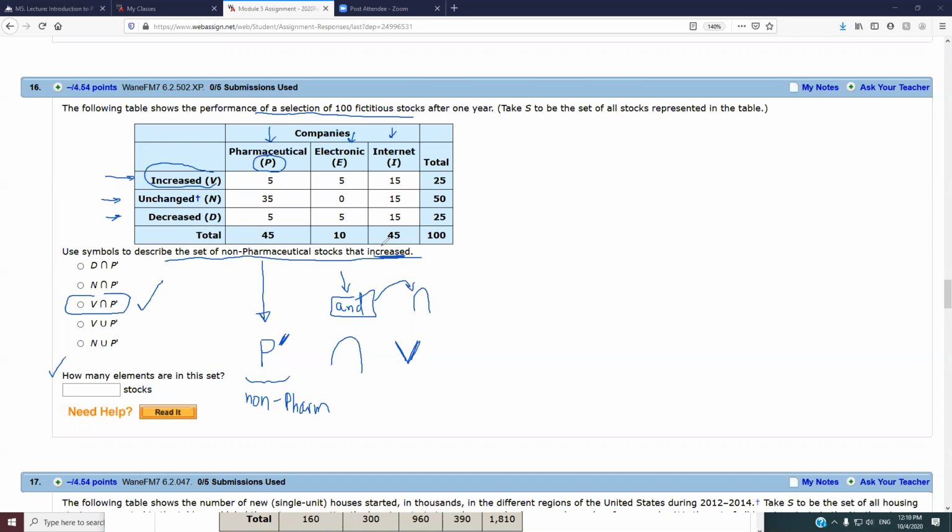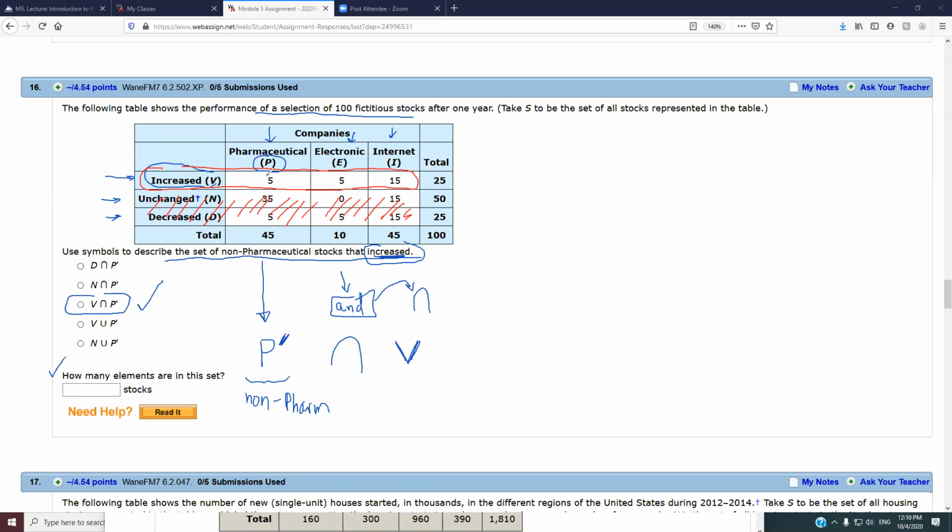I know I only want to focus on the stocks that increased. So let me go to this row only. I just want to focus on this row. I'm not going to even look at these other rows because I'm only interested in stocks that increased. Now, I also know the elements in this set have to be non-pharmaceutical.